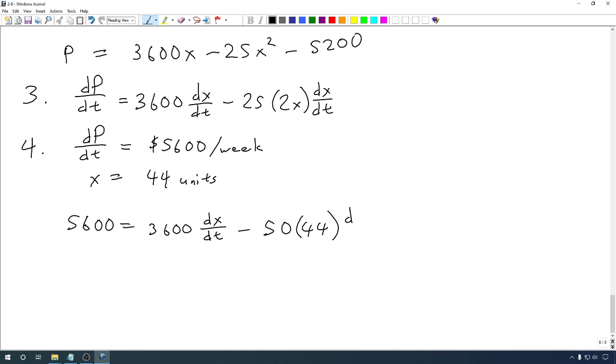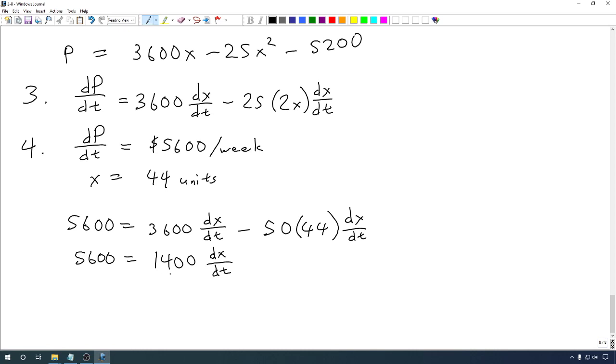And then we still have the dx/dt. 50 times 44 is actually 2200. 3600 minus 2200 is 1400.